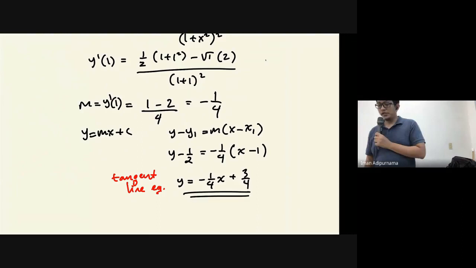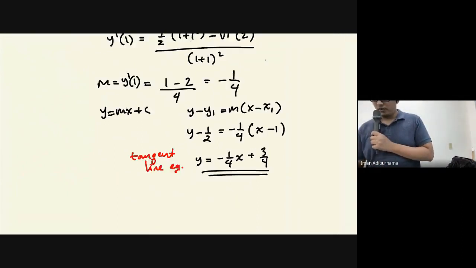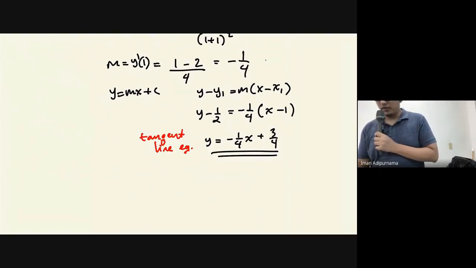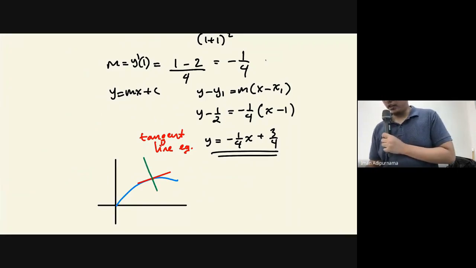But the question is also asking for the normal line. So what is the normal line? If you have the graph, and you have a tangent line at this point, at that point you also have another line that is perpendicular.